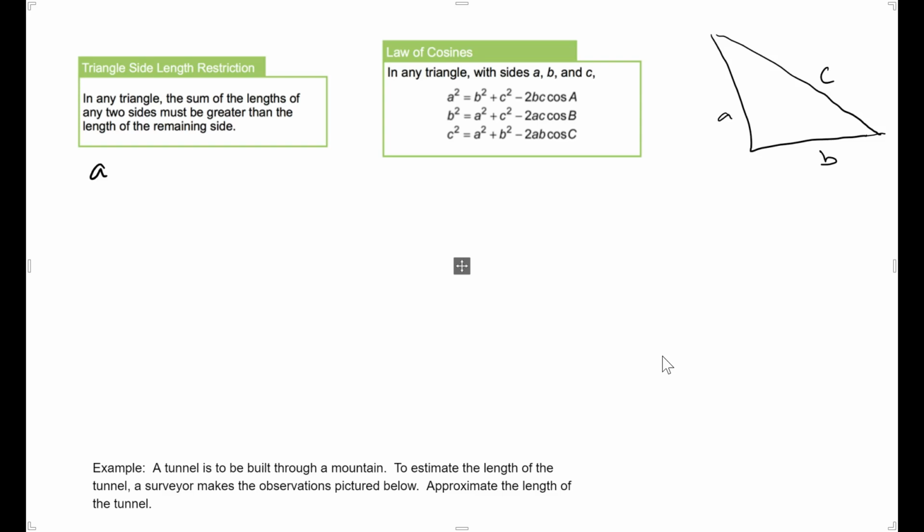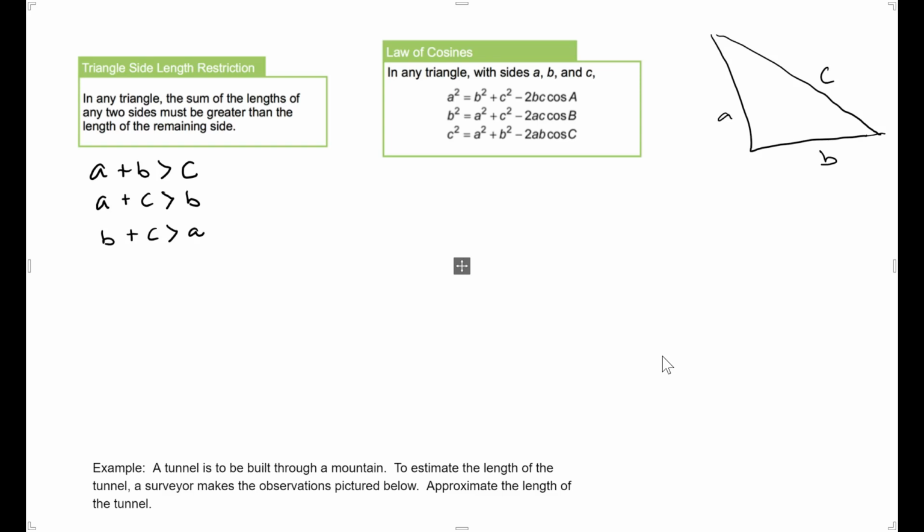That means that if you have the side A plus the side B, those two have to be bigger than the side C. If you have the side A plus the side C, those two have to be bigger than the side B. And if you have the side B and the side C, they have to be bigger than side A. So that's the triangle side length restriction, and that's what it means.